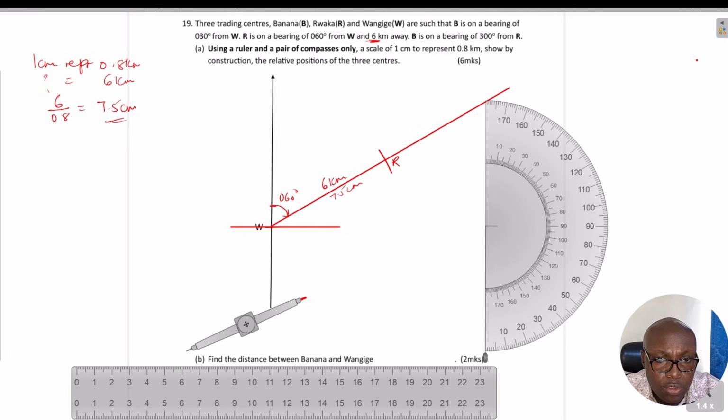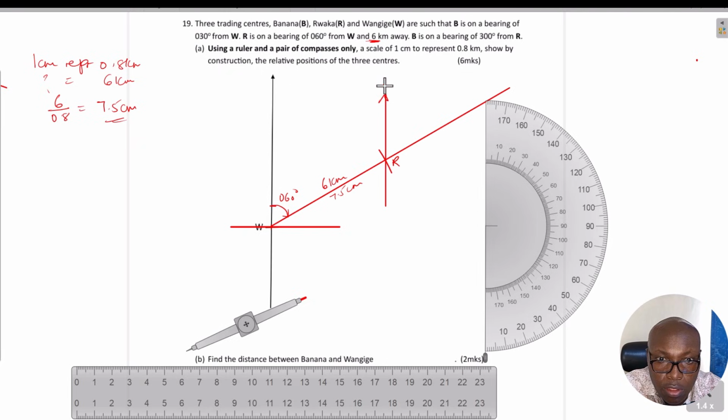By simply, you can transfer this angle. That is one way. You know how to construct lines that are parallel. You can transfer this angle. So if this angle here, if I'm to draw, for example, this is just an explanation. So if I'm to draw the true north there, you know that if this line is parallel to, let me just explain it here.